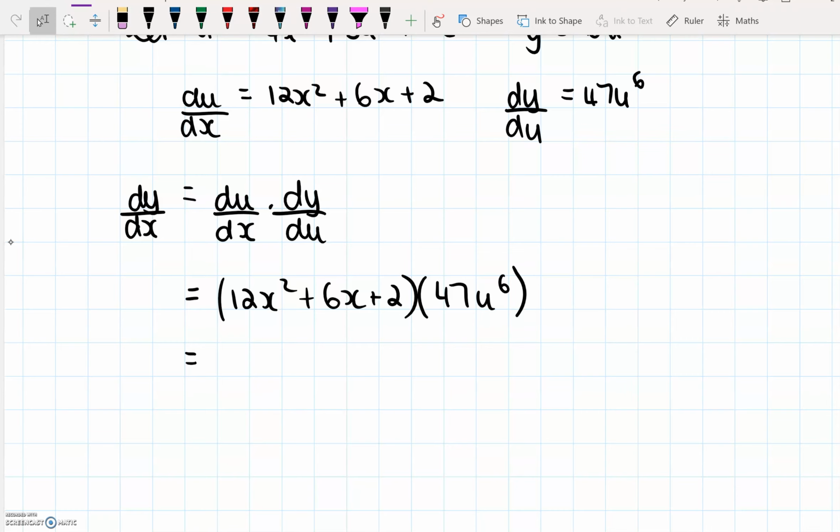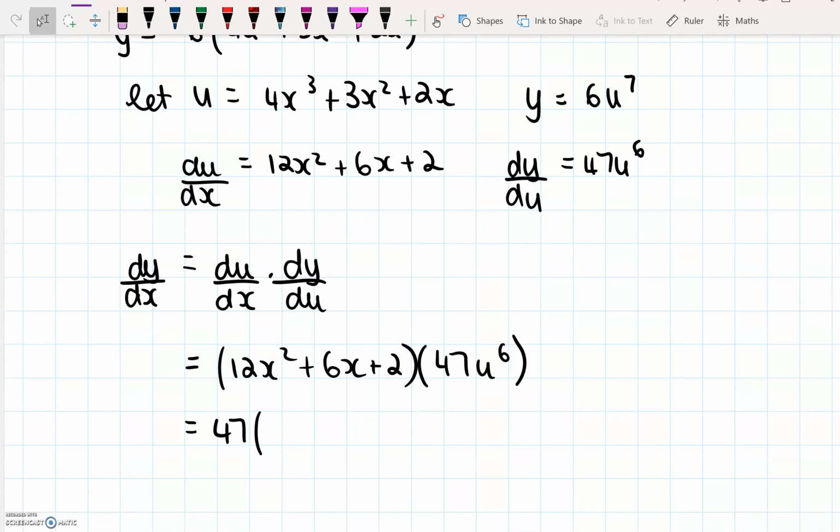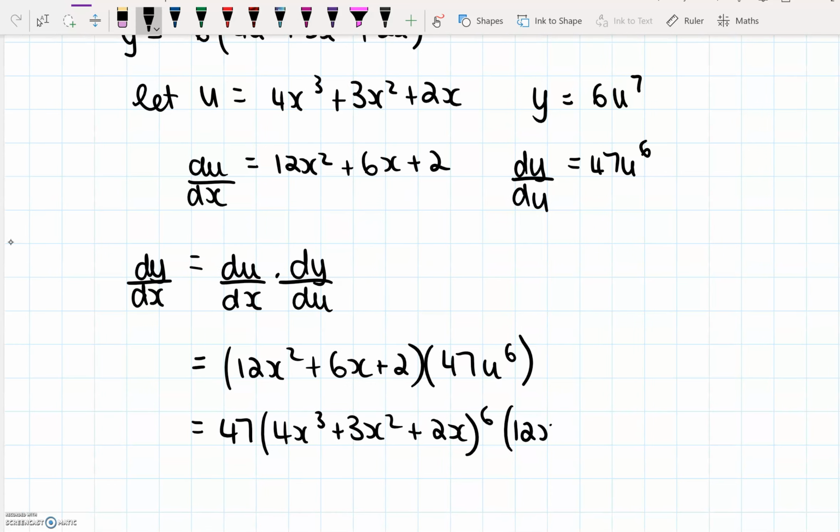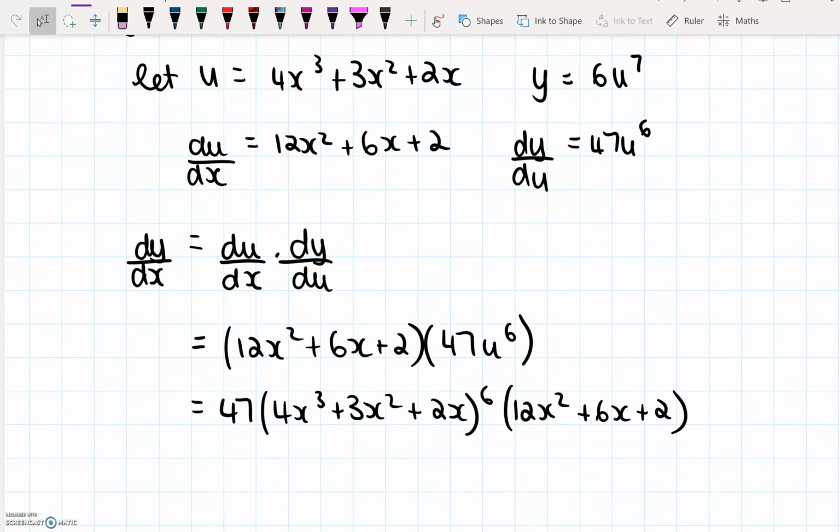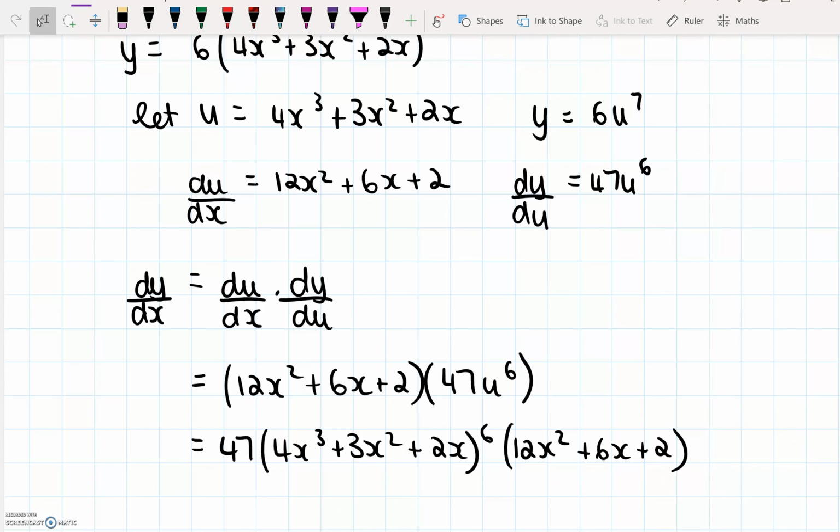We're going to simplify this, so we have 42, because remember we always put the coefficient first, times u to the power of 6, where u was 4x cubed plus 3x squared plus 2x, to the power of 6, times 12x squared plus 6x plus 2. And we're done. So this is how we use the chain rule.